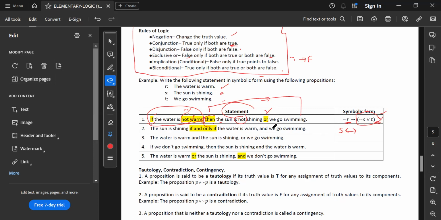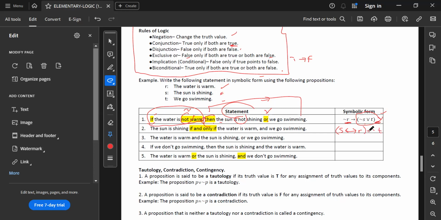If and only if the water is warm, where is the water is warm here? It is R. Comma, so meaning those are the ones we group. And we go swimming, which is T. So this is the symbolic form of this statement: the sun is shining if and only if the water is warm.